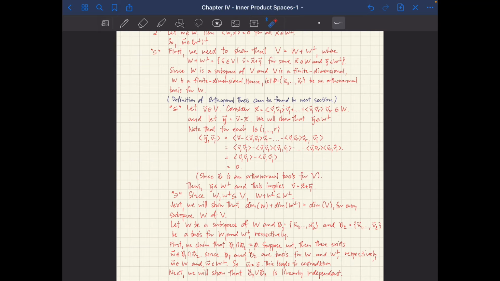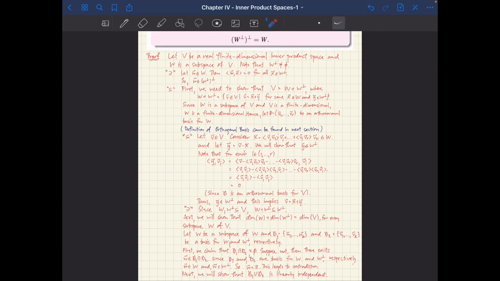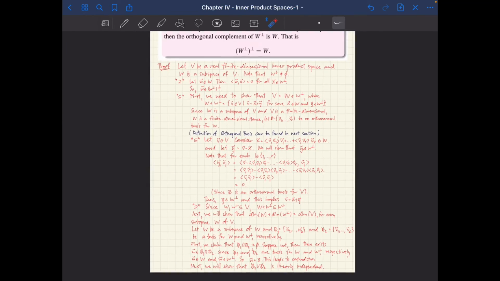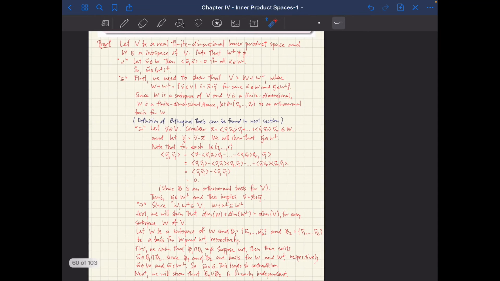The proof is not hard, so you can read this. If you need to copy this page, please pause it. Next, we move to the next slide.